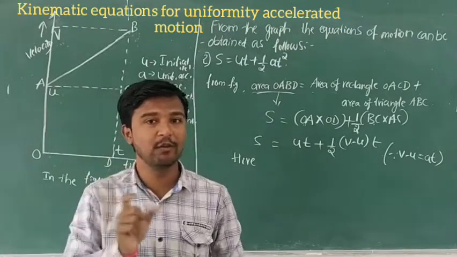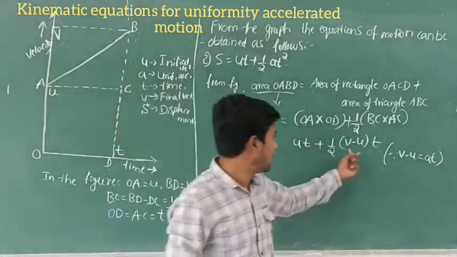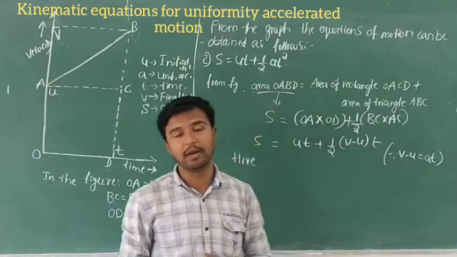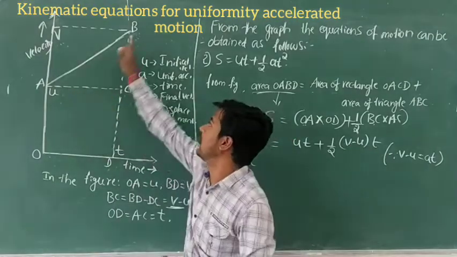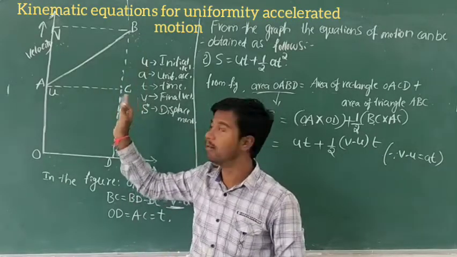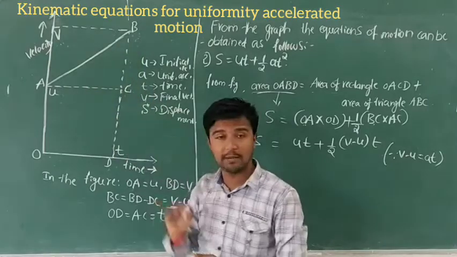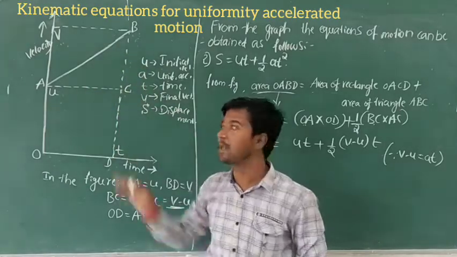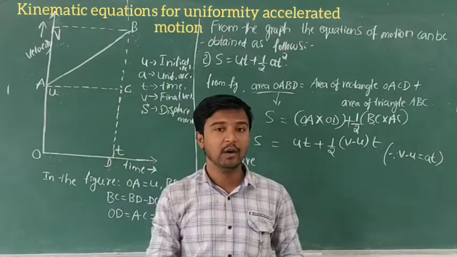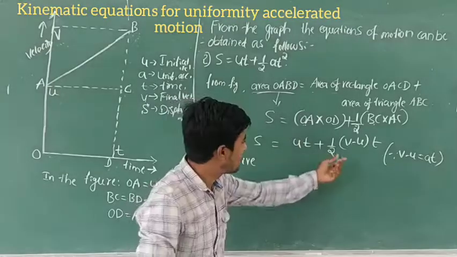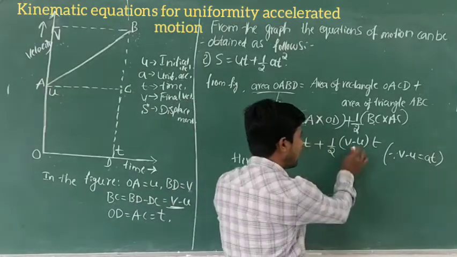The earlier equation V minus U equal to 80, from this triangle ABC, BC by AC. BC means V minus U, AC means T, so V minus U equals 80. So this 80 value, put it here.